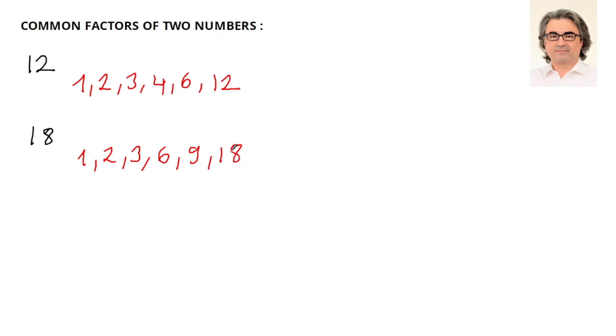Now let's try to find common factors. Common factors of 12 and 18. 1 is always, as you see, 2 and 3.